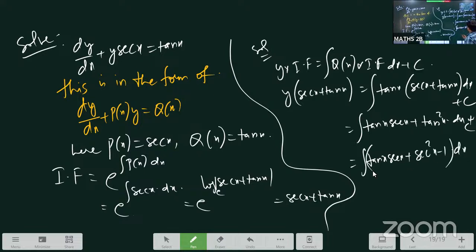Integration of secant x tan x is secant x. Integration of secant square x is tan x. Integration of 1 is x, with a minus. So the ultimate answer will be y into secant x plus tan x is equal to secant x plus tan x minus x plus c.